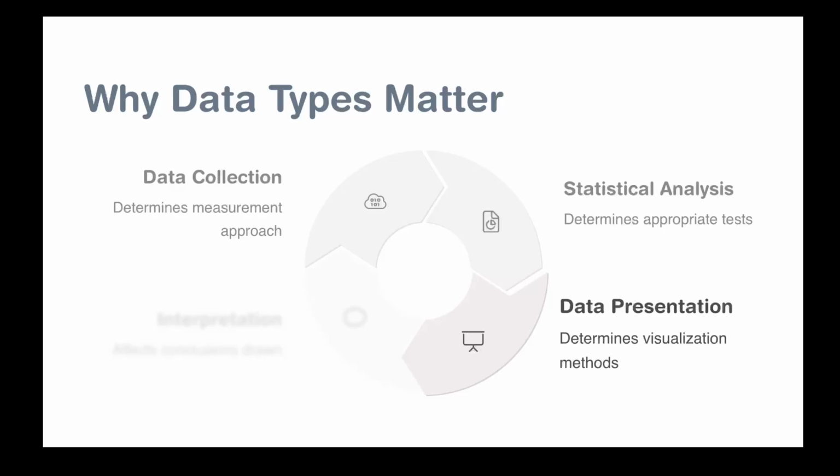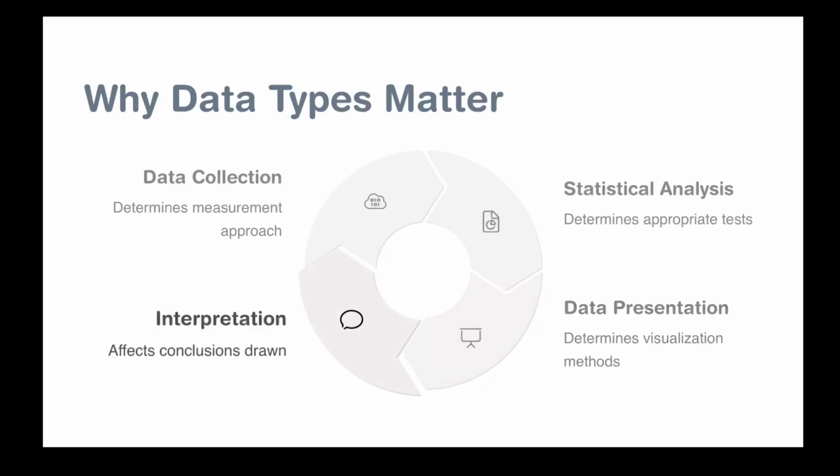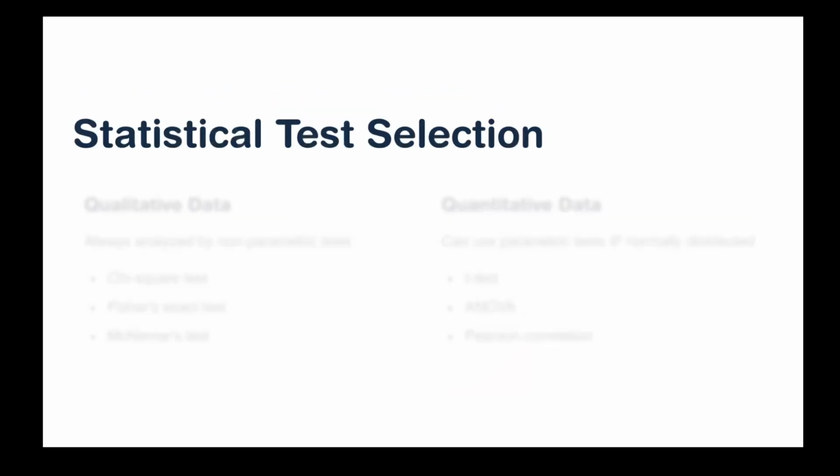And finally, interpretation. It affects the conclusions drawn, depending on how you present the data. So the data types matter a lot: collection, analysis, presentation, and interpretation. These are the important steps showing why data types matter.